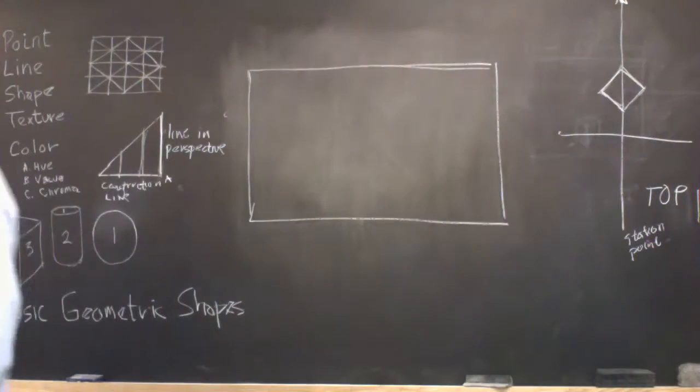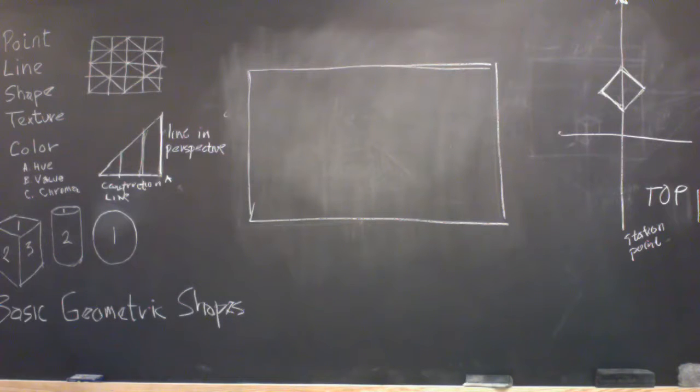Now we're going to move on to the next geometric shape. Well, this has parallel lines going in all directions. This only has one set of parallel lines. What we have here is a circle.